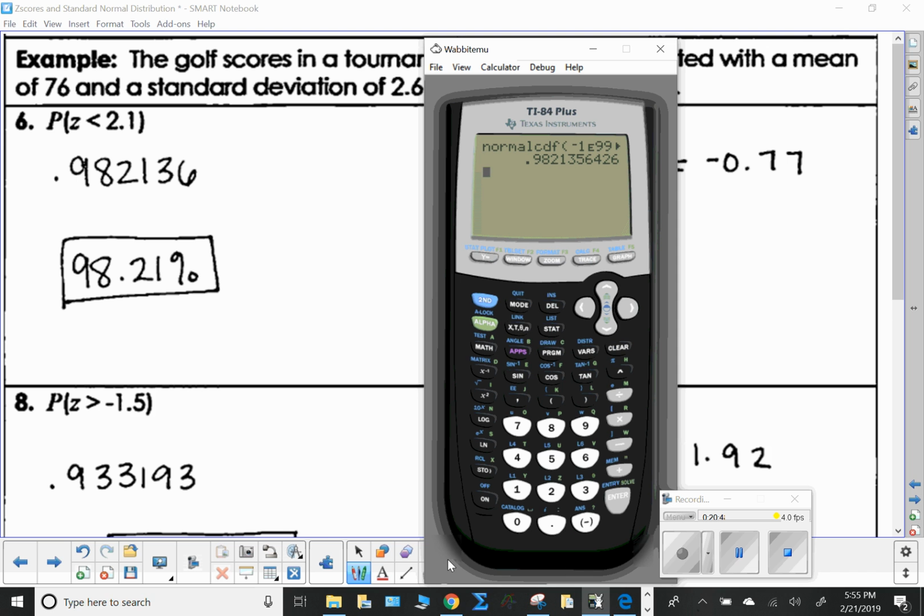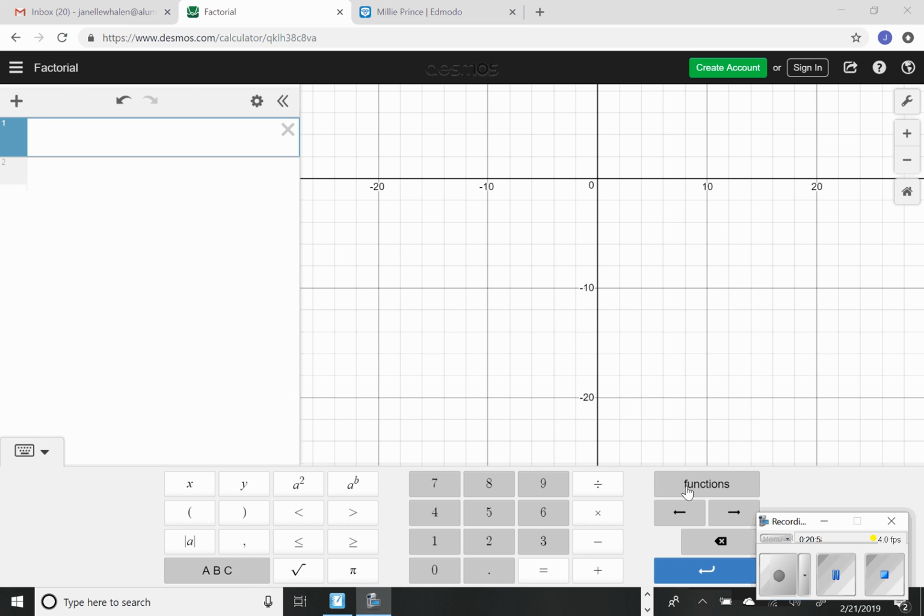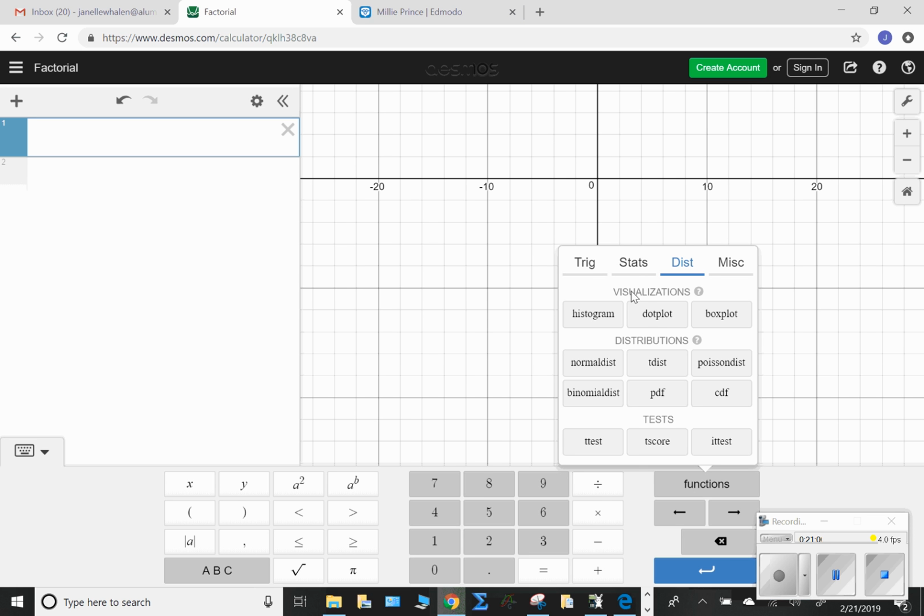What if you had Desmos? Well, here's Desmos. Desmos, again, remember you're going to find, let me move this little guy out of the way, functions. This time we're going to look for distributions, and we want normal distribution.